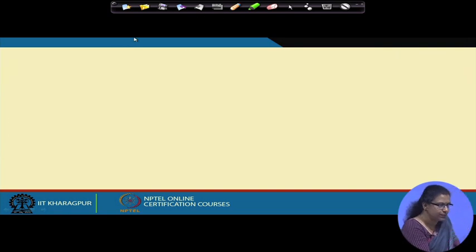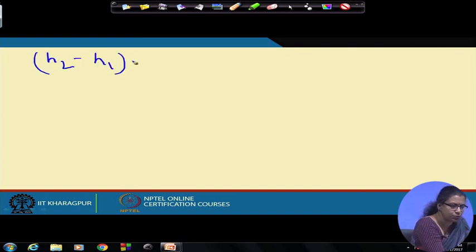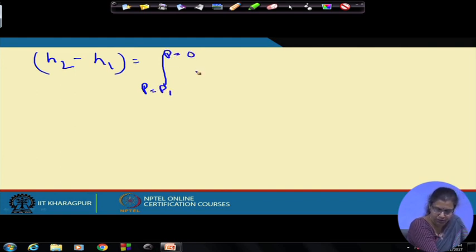For this particular path, the H2 minus H1 expression should comprise of an isothermal expansion, so it is P equals to P1 to P equals to 0.